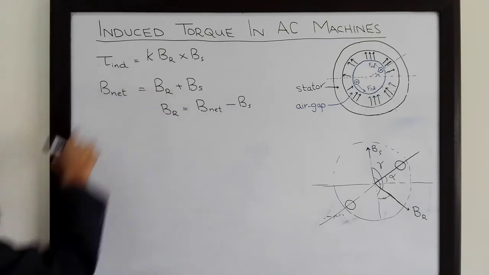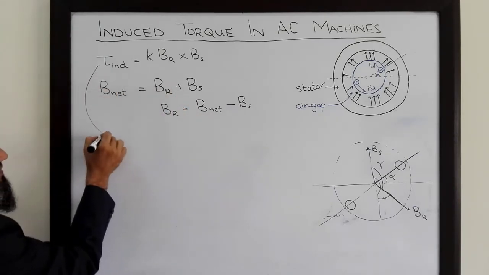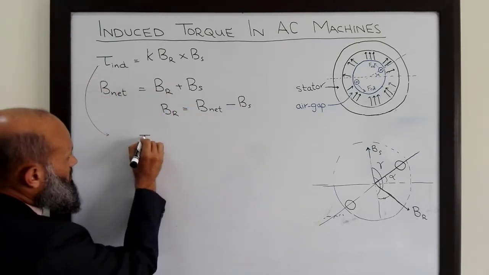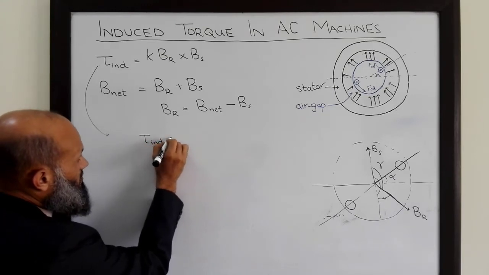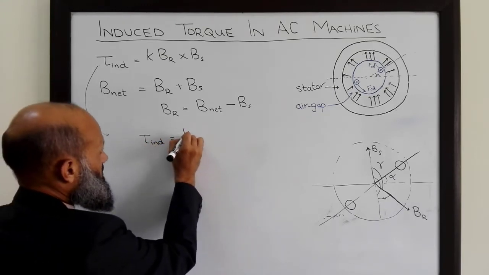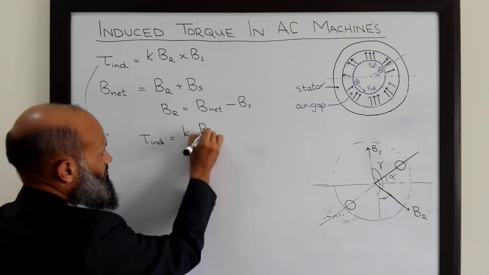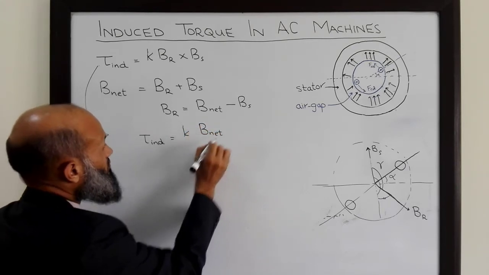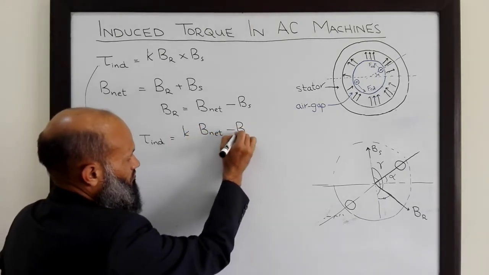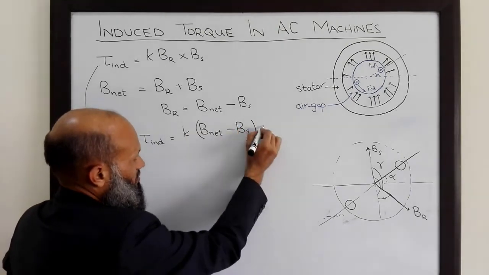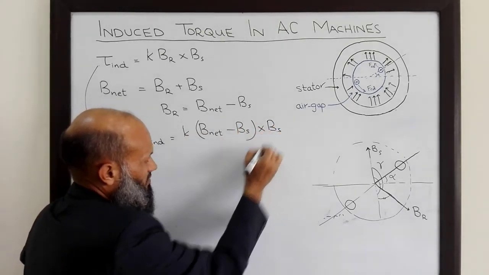Just bring Bs to the left hand side, and then this expression for induced torque becomes K times B net minus Bs, cross Bs.